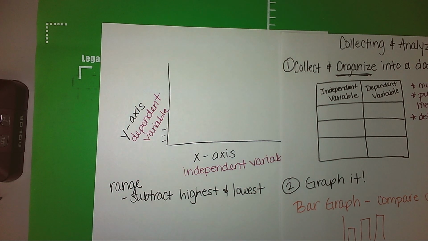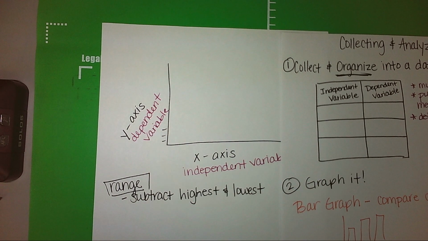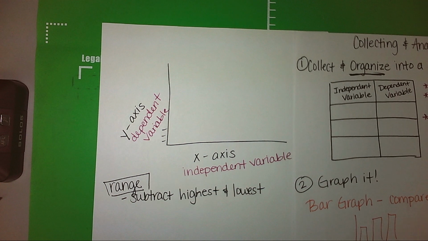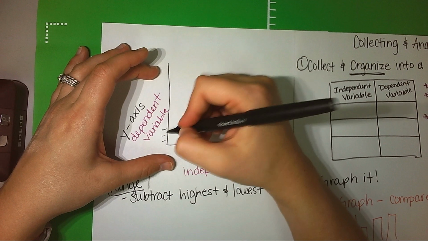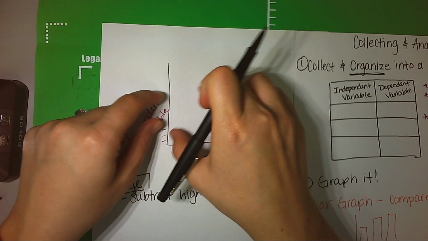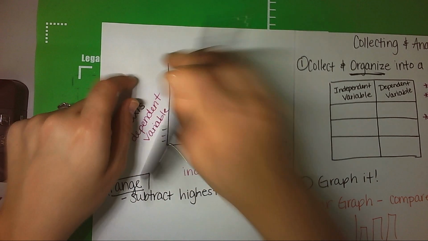Okay, so your highest number and your lowest number, and that's going to help you find your range. You don't want your graph to have these huge empty sections because you went by too little, or all of your points are very close to each other because you didn't have a wide enough range.